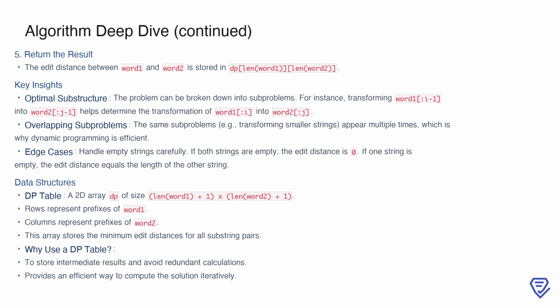These overlapping subproblems make dynamic programming an efficient choice, as we avoid redundant calculations by storing intermediate results in a 2D DP table. Edge cases, such as when one or both strings are empty, are also naturally handled by the base cases. If both strings are empty, the edit distance is 0. If only one string is empty, the edit distance equals the length of the other string.